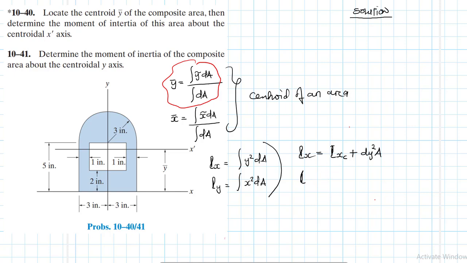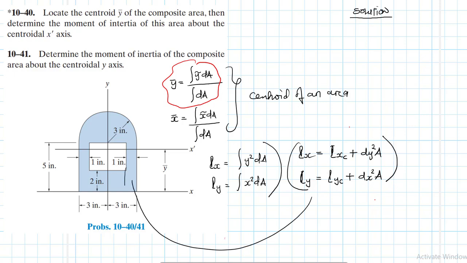And then moment of inertia about the y-axis is I sub y equal to the centroidal moment of inertia of an area about the y-axis, I sub y c, plus dx squared times the area. So use these two formulas for working out this particular problem. I guess we are done with this explanation. Let's start doing the work.